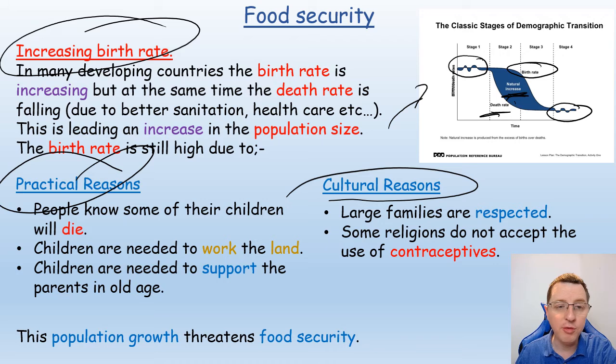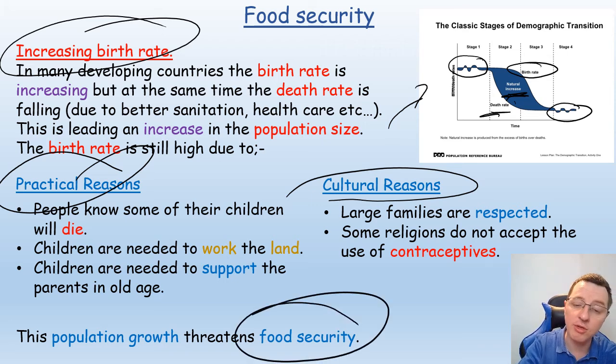But both of these practical reasons and cultural reasons lead to a high birth rate, and when that's coupled with a low death rate, we get a large population growth, and this population growth threatens food security. If there are more people in your population and the same amount of food, then each individual person will have less food to live on.